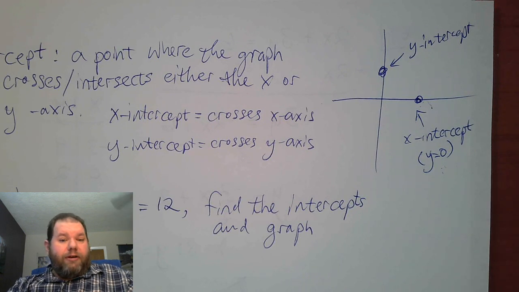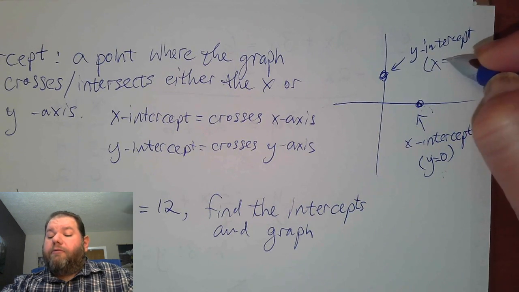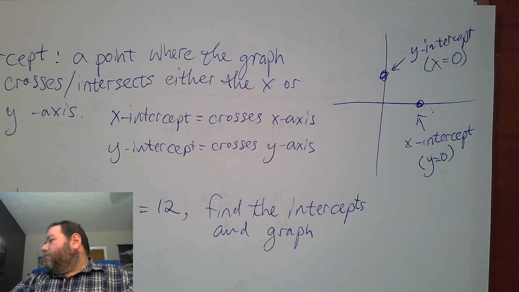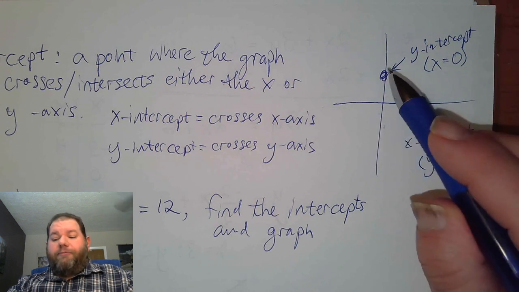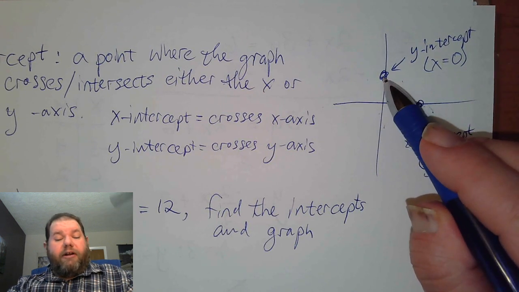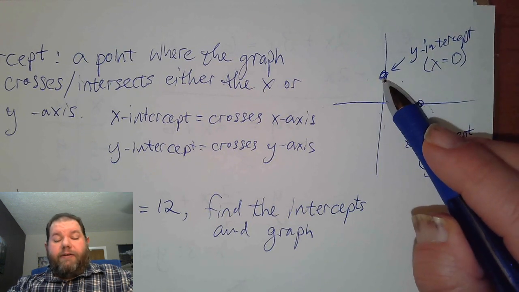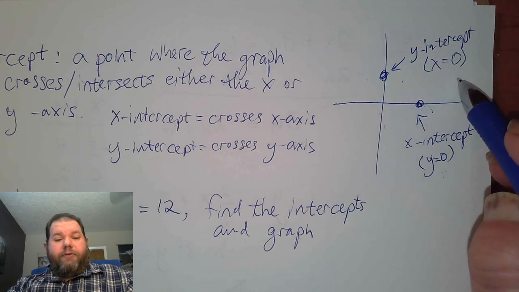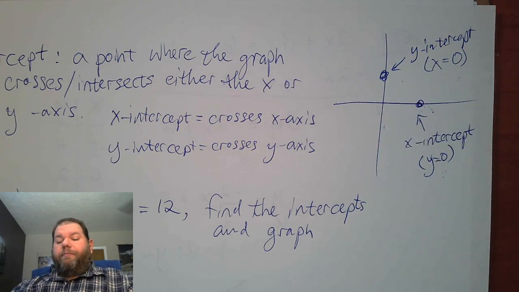By the same reasoning, for a y-intercept, x is always 0. Whether we go up or down to get to the y-intercept, we never move left or right because it's right on that axis. By definition, the y-intercept is right on the axis, and so the x value is always 0. It's never moved horizontally any direction from there.